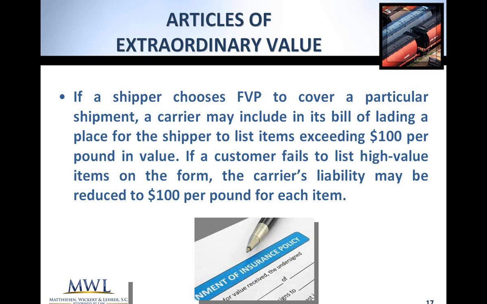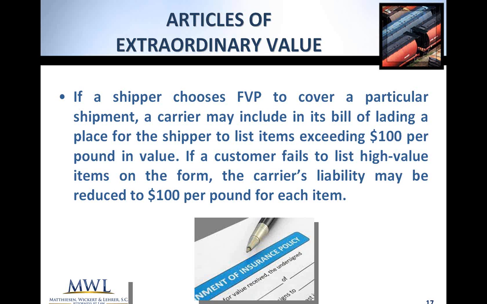What happens when this particular option is included in the bill of lading is that it places a duty on the shipper to identify and list high value items on that form and alert the carrier as to the fact that this shipment contains some very high value items.